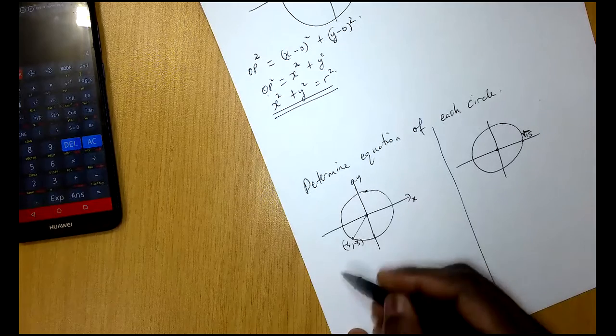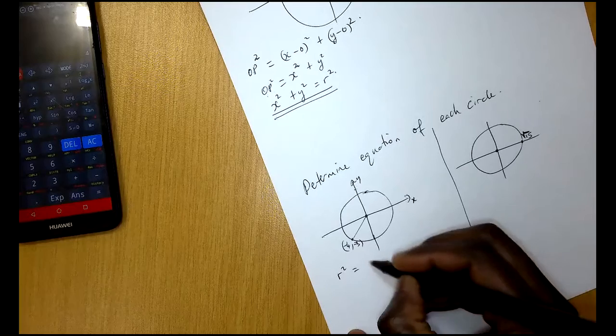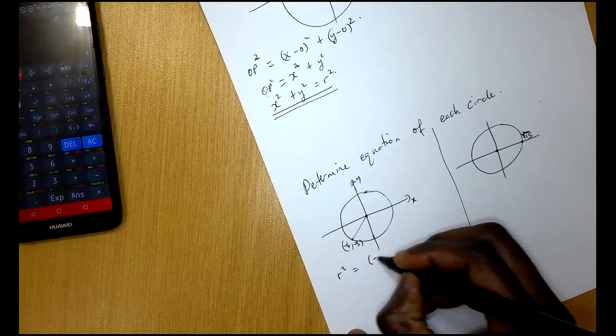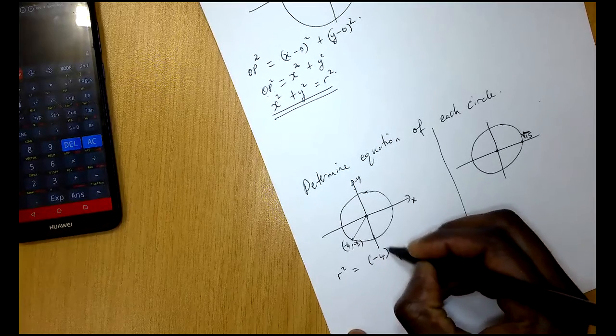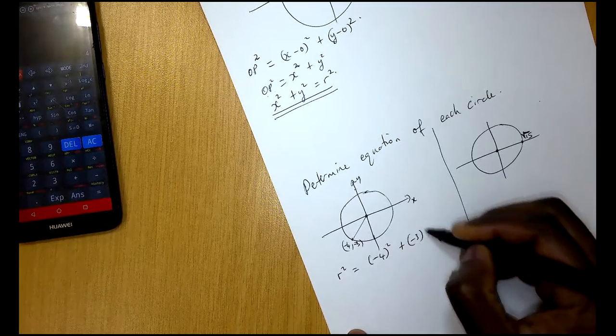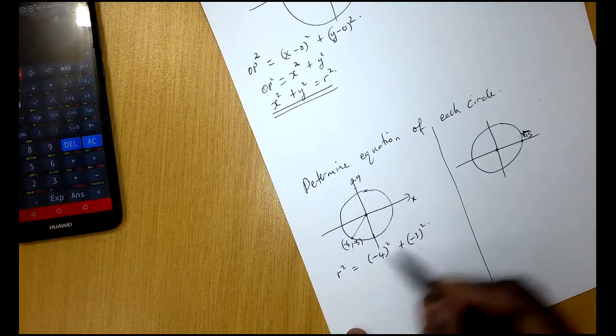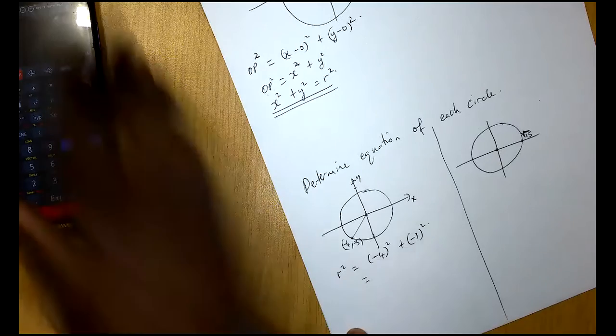So R squared is equal to (-4 minus 0) squared plus (-3 minus 0) squared, so it's just minus 4 squared plus minus 3 squared.